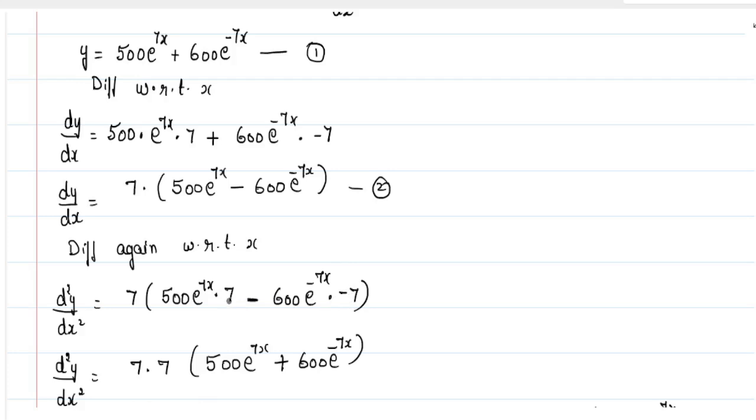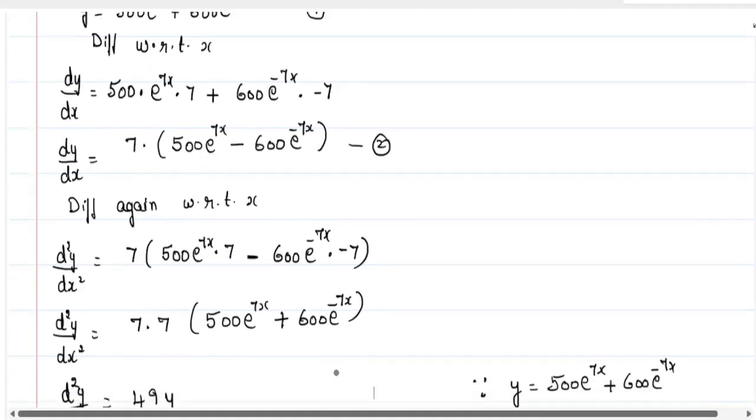Next we'll take 7 common in both the terms, so we'll take this 7 outside. So 7 into 7, 500 into e raised to 7x plus 600 into e raised to minus 7x.